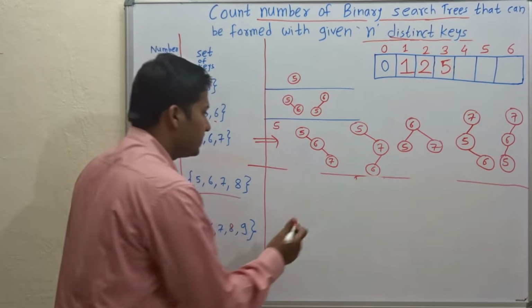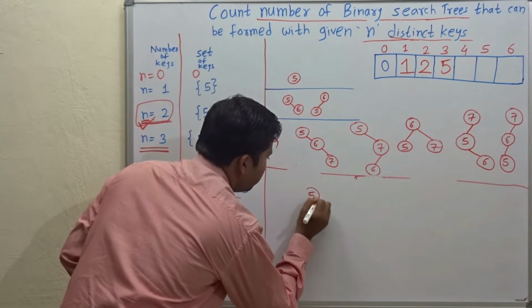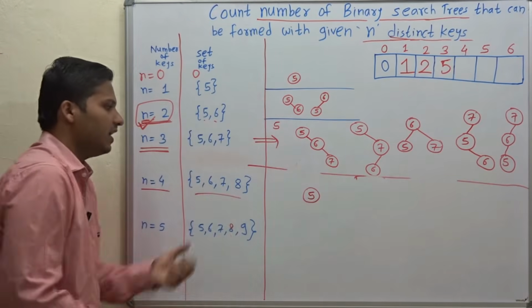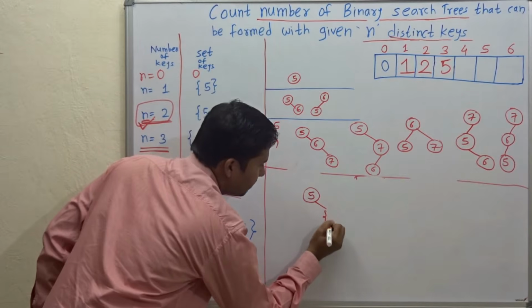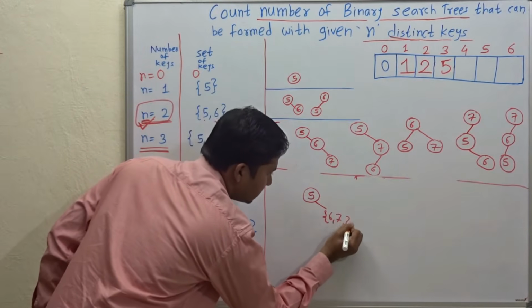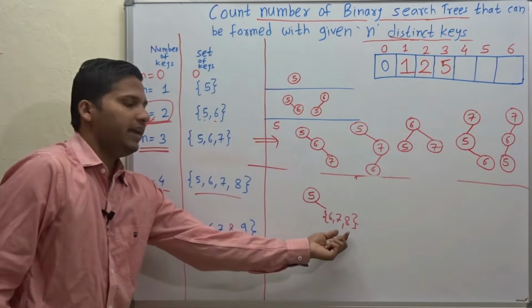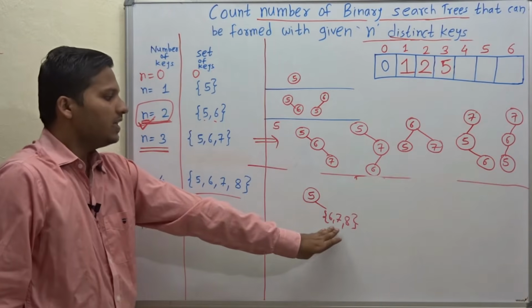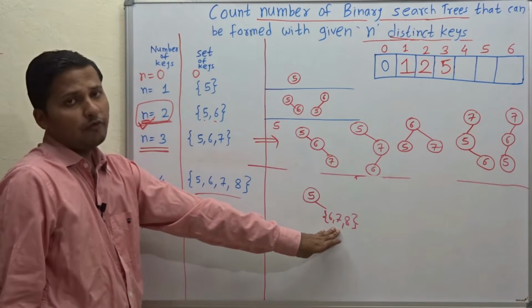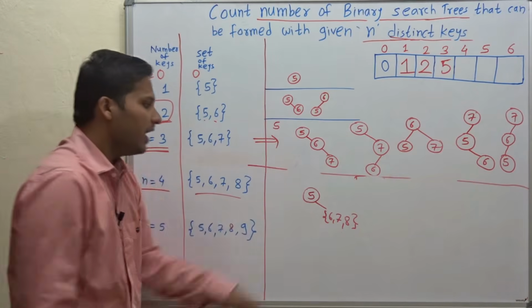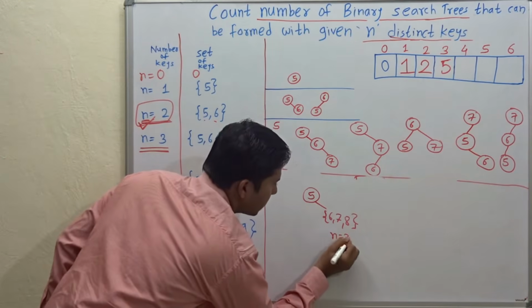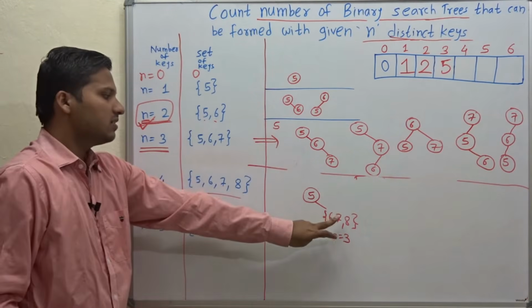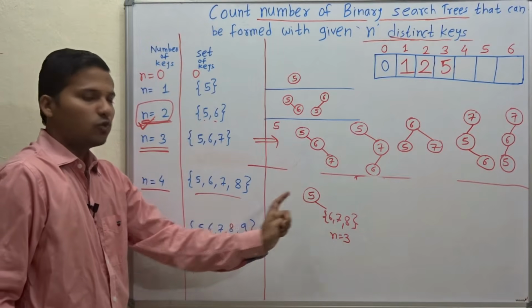So what I mean is that just fix 5, as 6, 7 and 8 are greater than 5. Just write it like this: 6, 7 and 8. Okay, and we will directly get the number of binary search trees for n equal to 3. These are the binary search trees when 5 is the root.